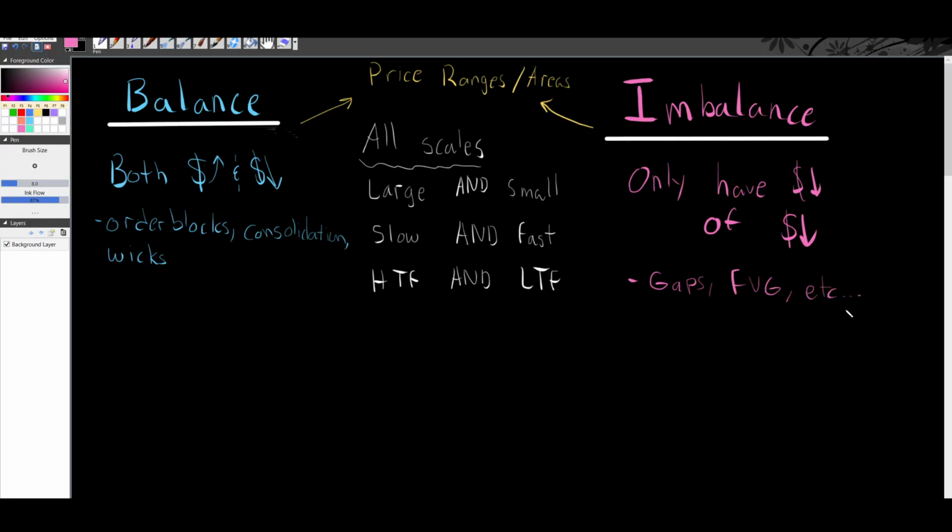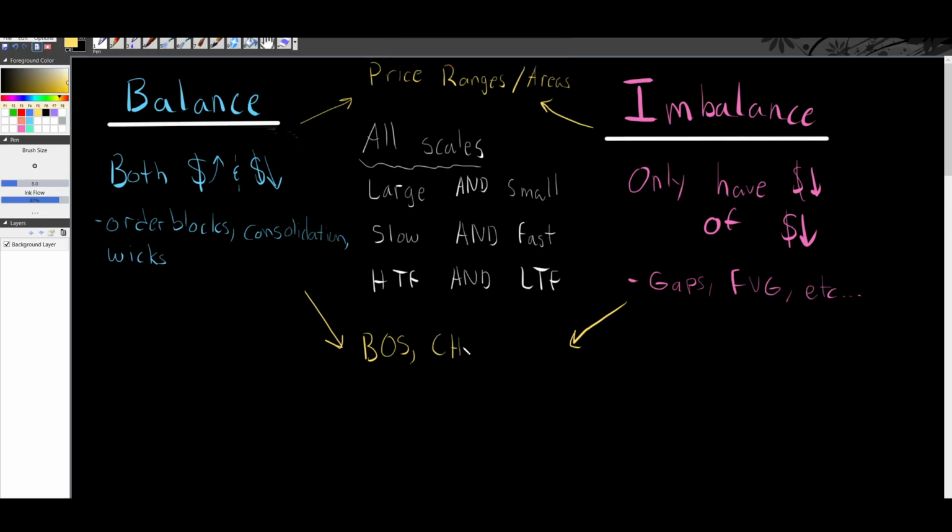Which side is a change of structure? We're not talking about that, but change of structures are going to be, so I'll put it like this. Where these two meet, this is where you get break of structure.